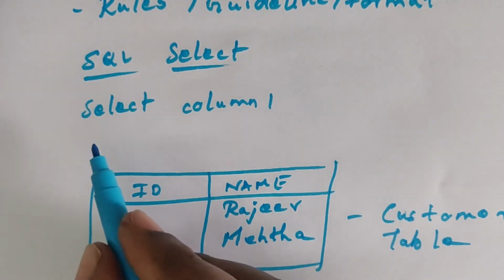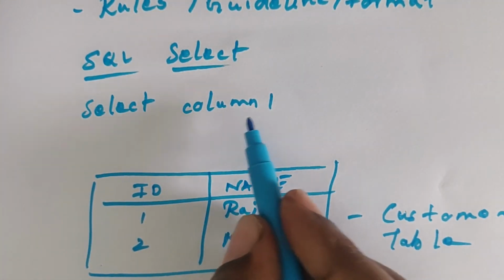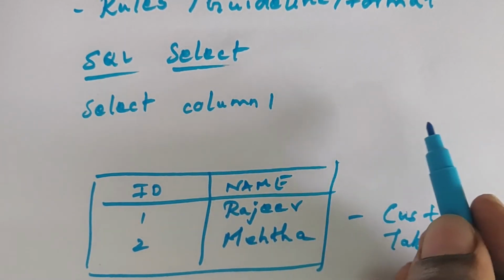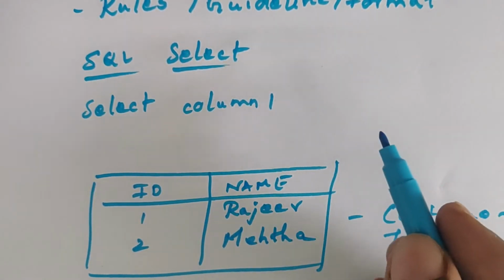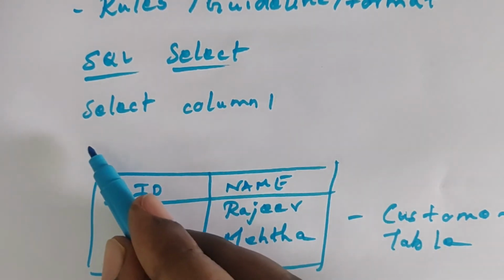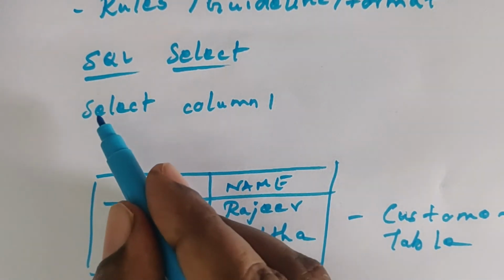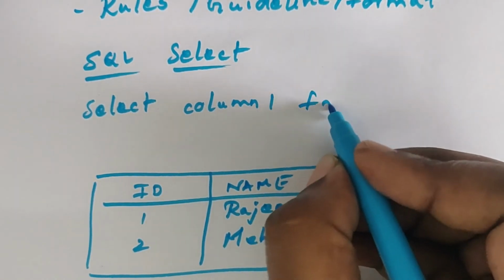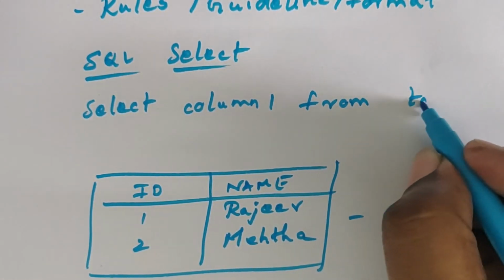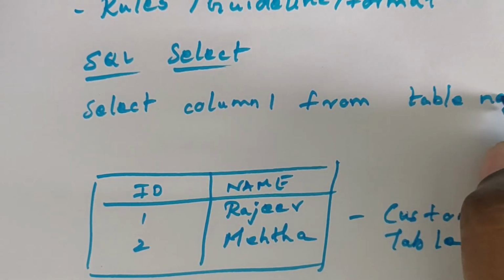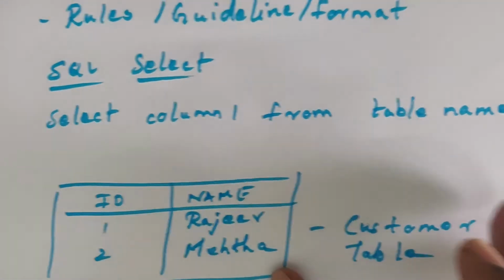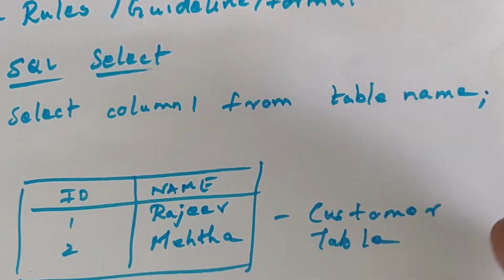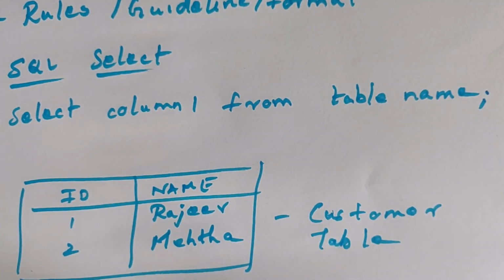So select column 1, or if you want to select both columns, or multiple columns. Based upon how many columns are available, your syntax will apply as select that column name from table name, and it will be finished with a semicolon.